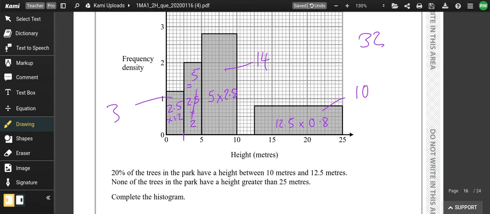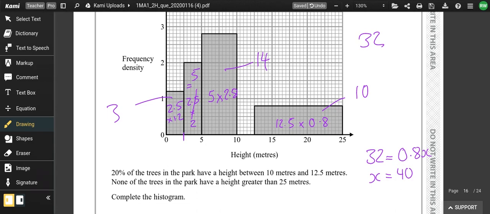So we're just going to complete that last bar that's missing. So if 20% of the trees are there, then that 32 represents 80% or 0.8 of the total. So we can divide 32 by 0.8 to get 40. So there's 40 in total.